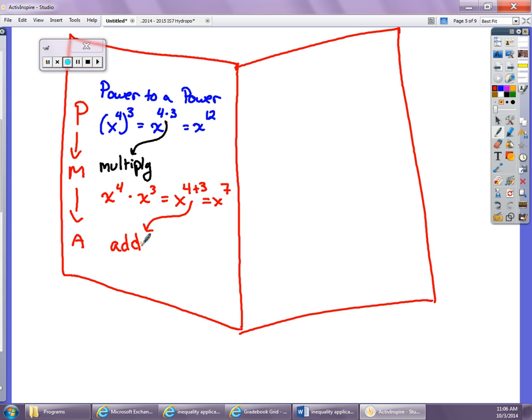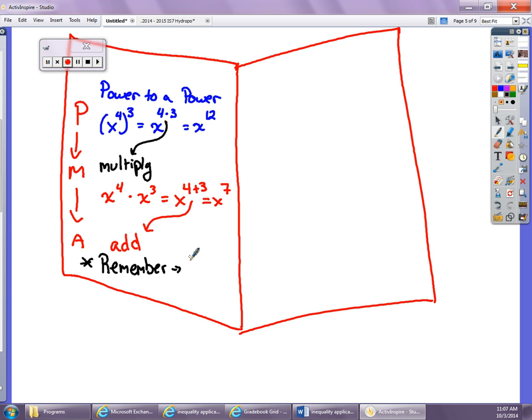Now, the other key thing that you have to remember is that you can only use exponent rules when you have like bases. So this is a key thing to remember.